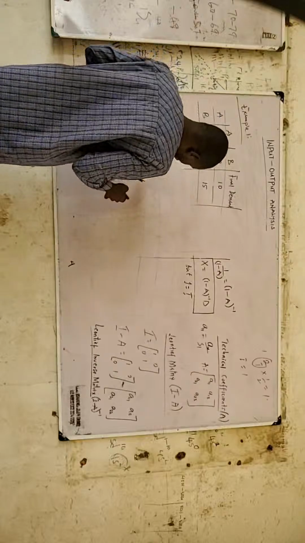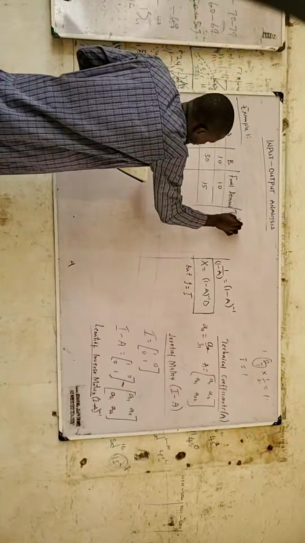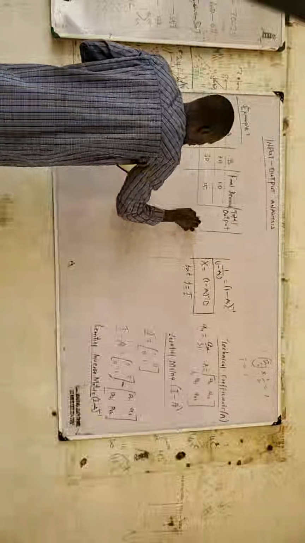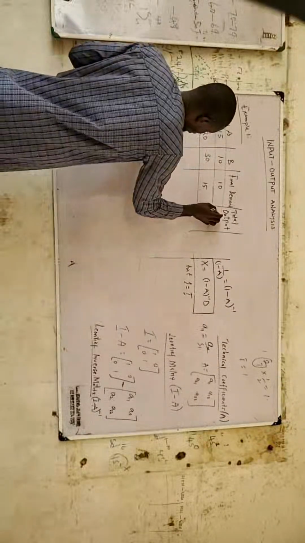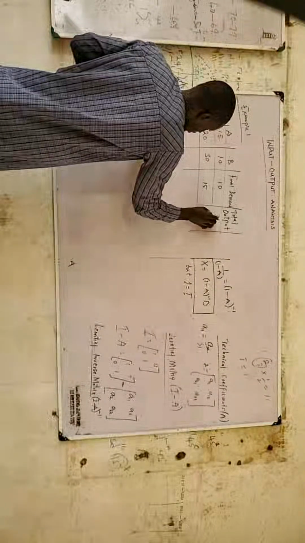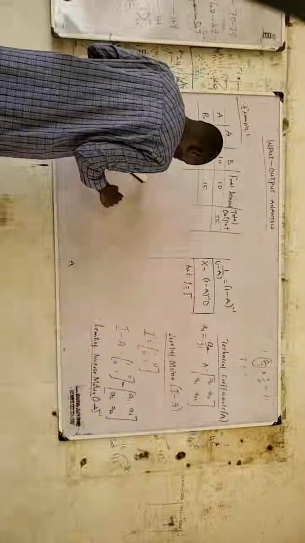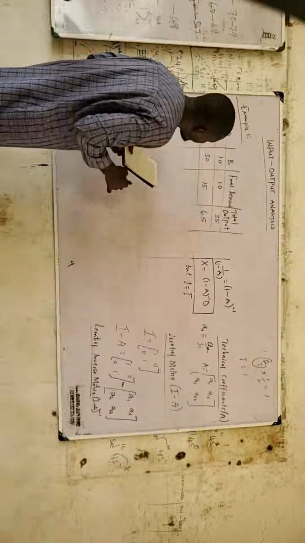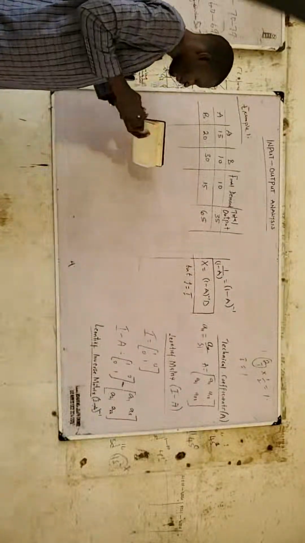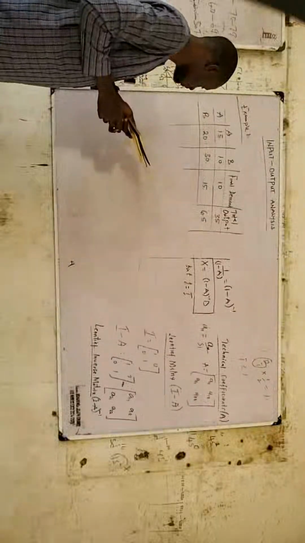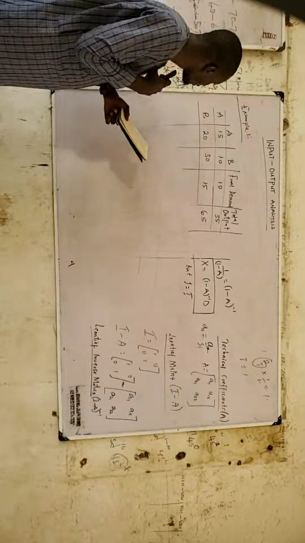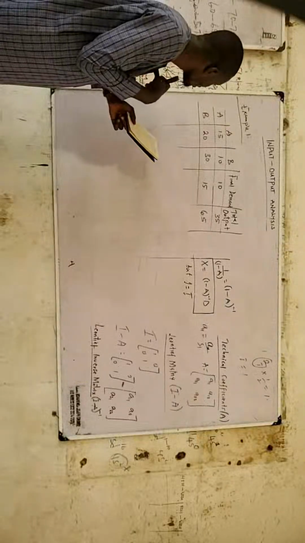The total output here is 85, here is 65. So 15, 15, 10, 10, 5, 20, 20, 30.